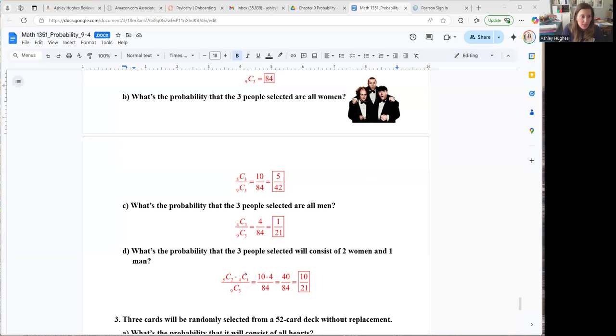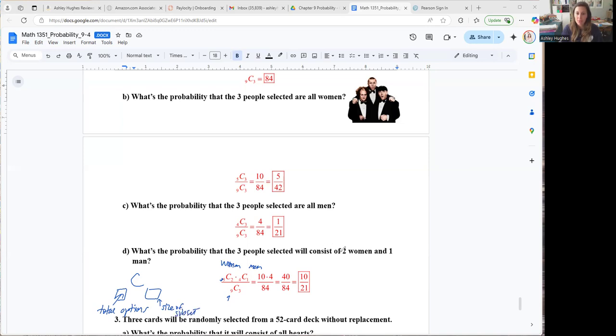So again, just to reiterate, I know this can be confusing, but when we're choosing these numbers here, this is the total options of what we're talking about. So here, there's a total of 9 people, right? But here, we're just talking about the women, and here we're just talking about the men. So how many total women are there? 5. And then this is the size of the subset that you're trying to pick.